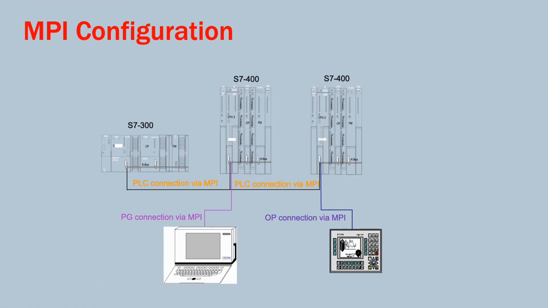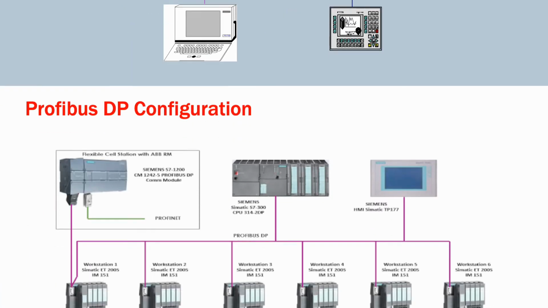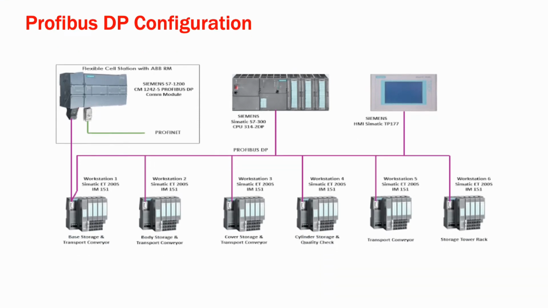S7-300 is node 1, S7-400 is node 2, another S7-400 is node 3, this PC is node 4 and HMI is node 5. Like that, a total of 32 nodes we can connect. When it comes to Profibus, we can connect 126 nodes, and in Profibus we can see the remote IOs, HMIs, PLC, and different field buses we can connect.